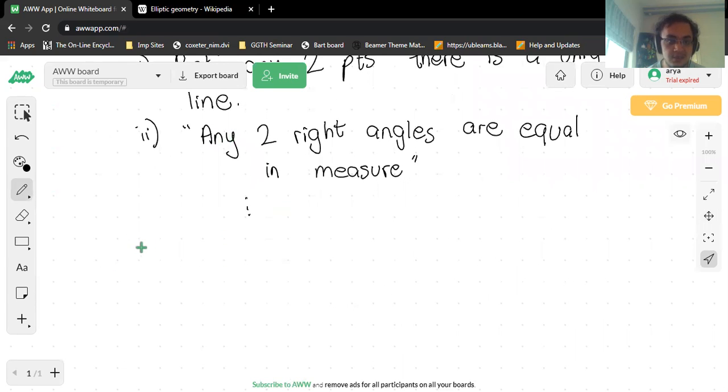Among the 5 axioms was one statement known as the fifth axiom, also known as the parallel postulate.